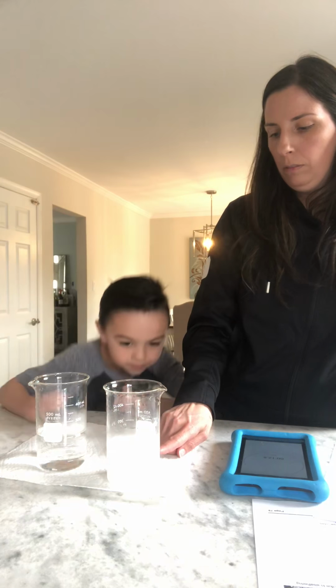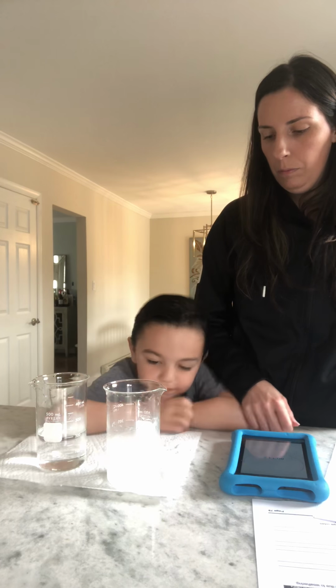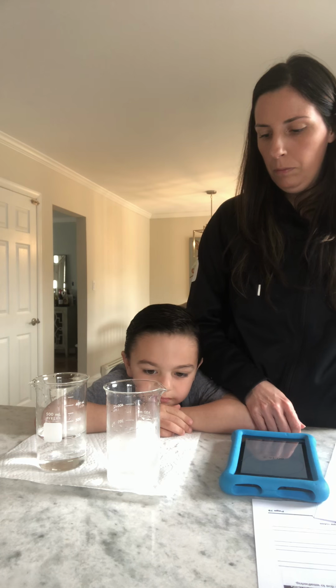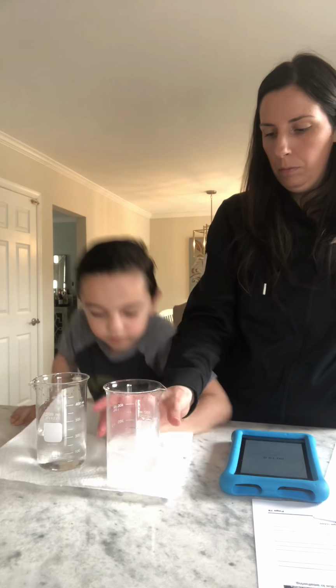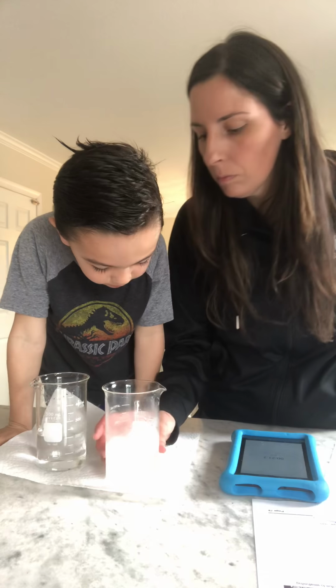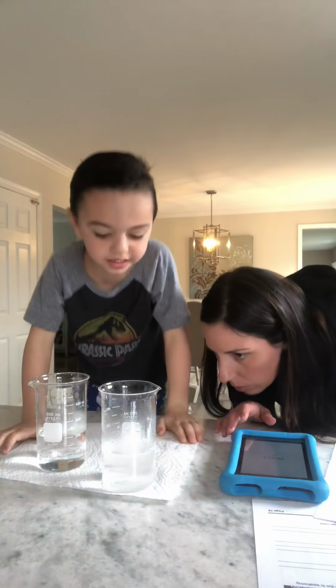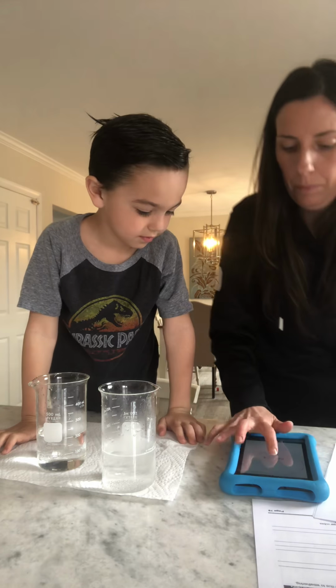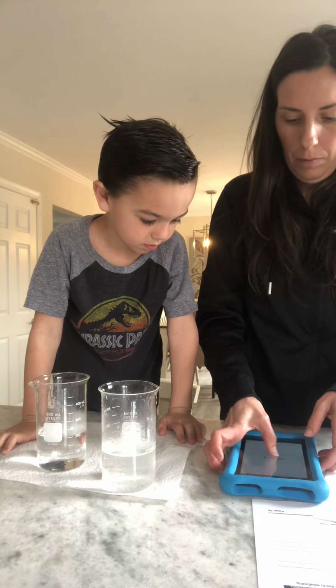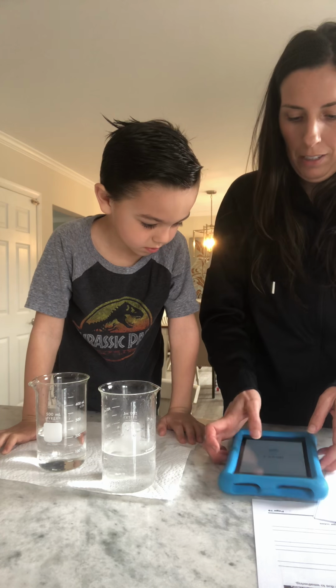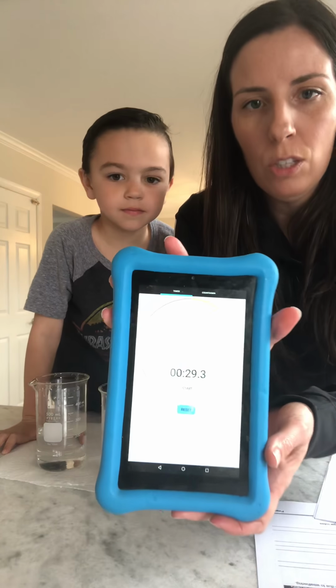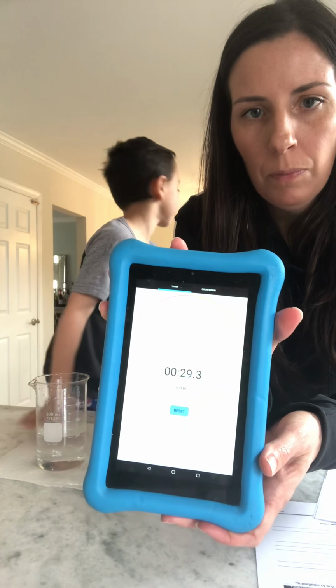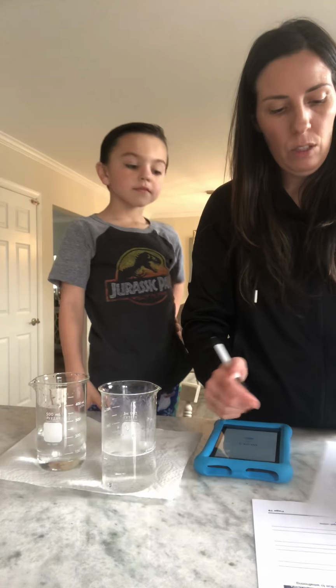It's right there. Okay, stop. So that was 29 seconds. That's 29 seconds for the whole particle.